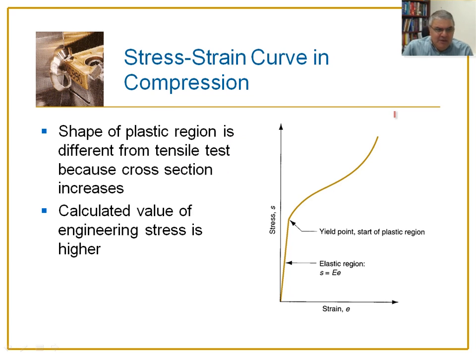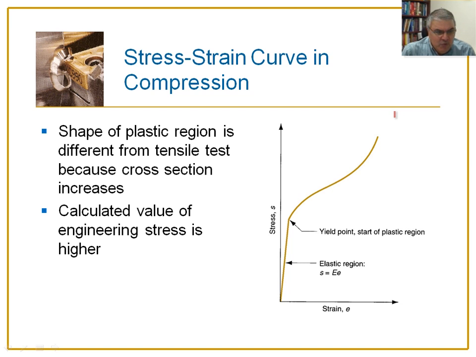And this is a stress-strain curve in compression. As you can see, it is somewhat different than the stress-strain curve in tension. In this case, the plastic region is different in shape because the cross-sectional area increases as we apply the compressive load.